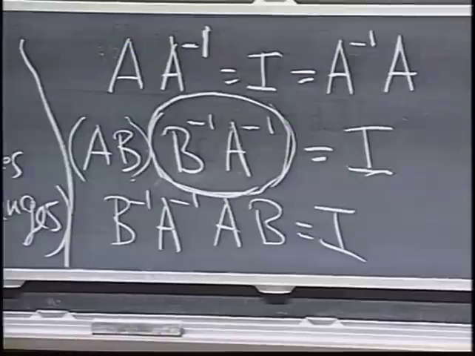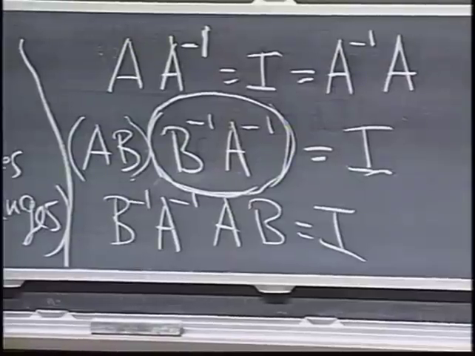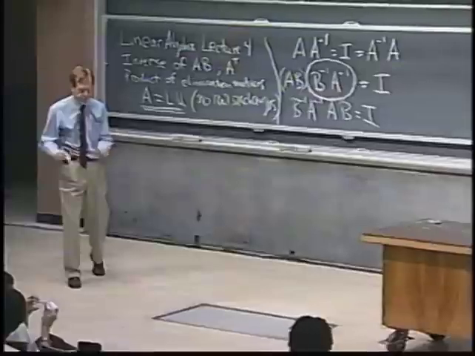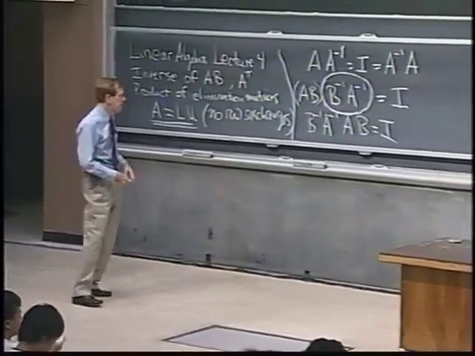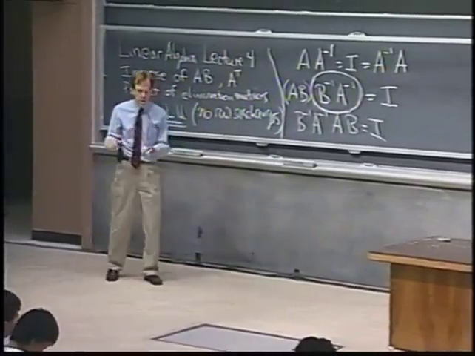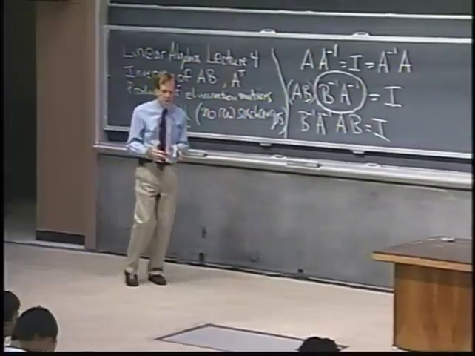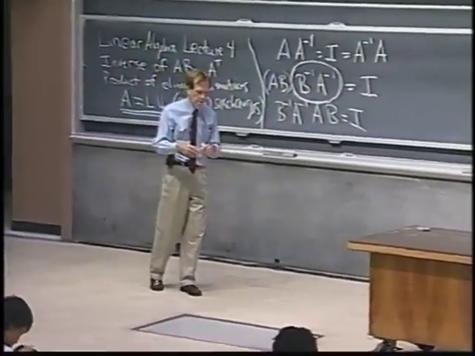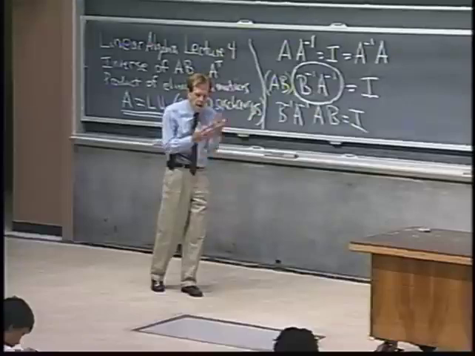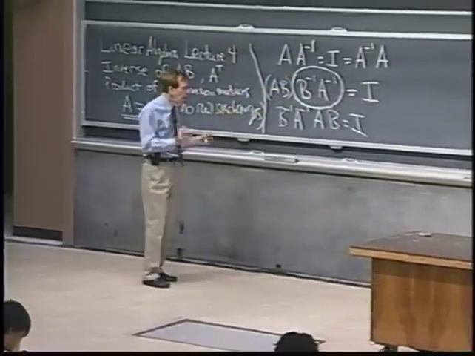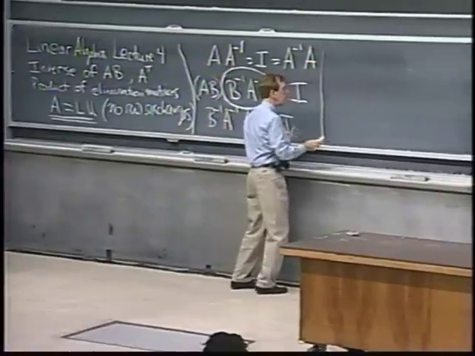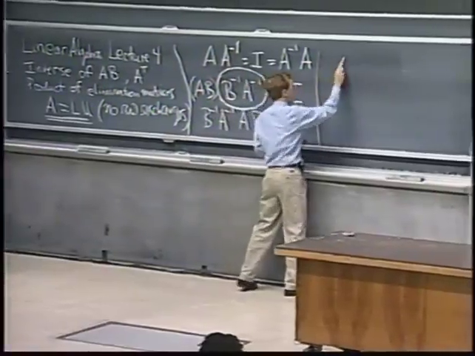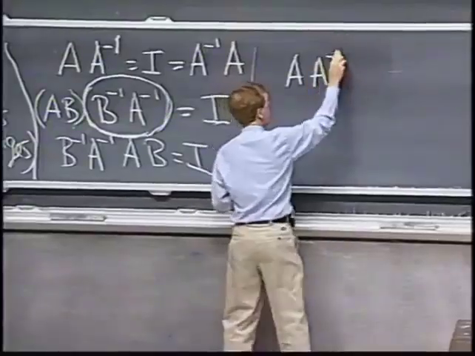Good. While we're at it, let me do A transpose. Because the next lecture has got a lot, it involves transposes. So if I transpose a matrix, I'm talking about square invertible matrices right now. If I transpose one, what's its inverse? Well, the nice formula is, let me start from A inverse A equal the identity.